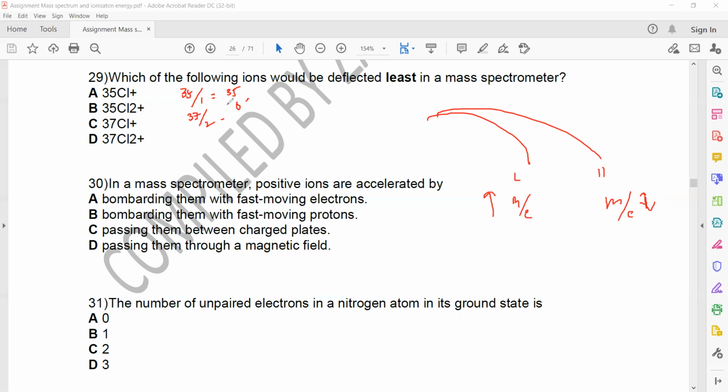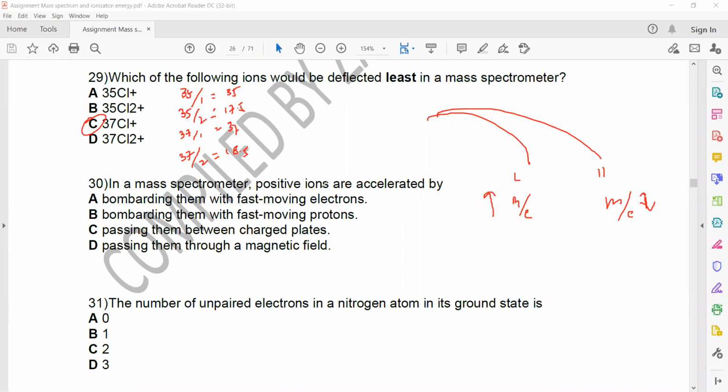The other one is 35 divided by 2, which is 17.5. This will be 37 divided by 1, so 37, and this will be 37 divided by 2 equal to 18.5. So the one which has the highest value is C, so C is the right answer.